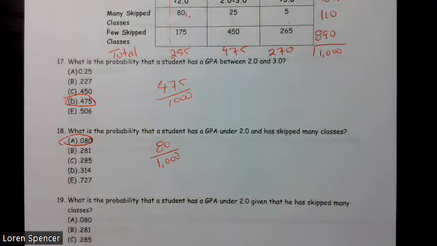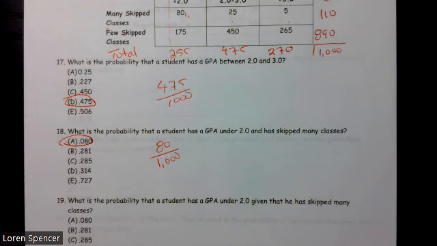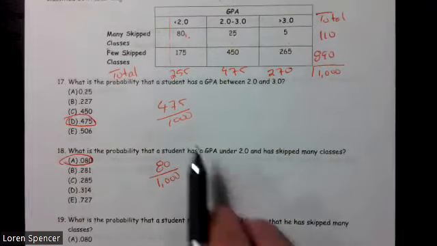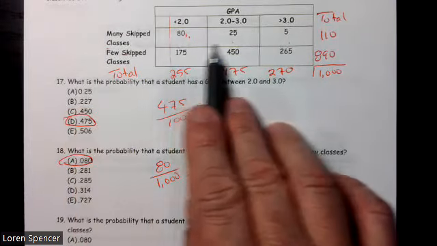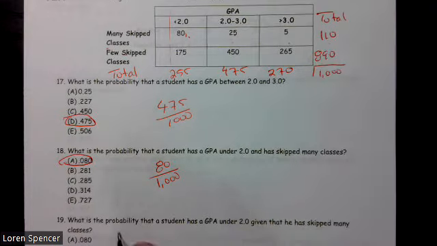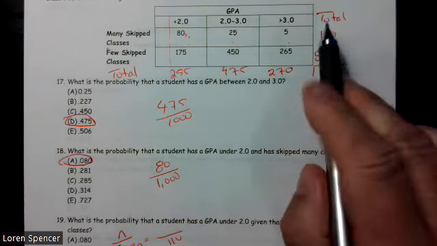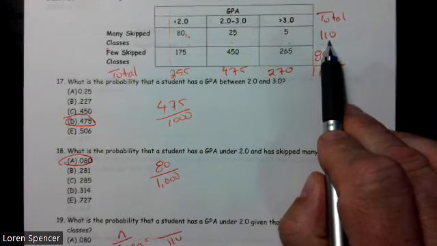19. What is the probability that a student has a GPA under 2 given that he has skipped many classes? Well, first off, we're now looking at the given category, and the given category was 110. And remember, it's always intersection over given. So we were given that they skip many classes, and there are 110 that do that.